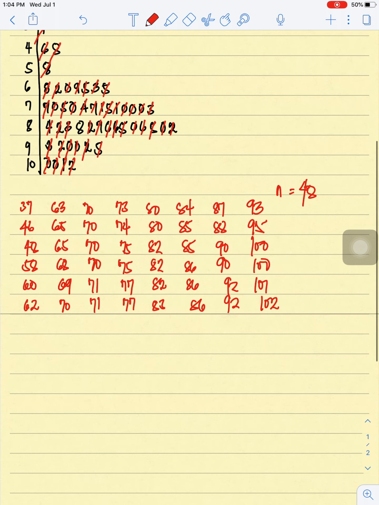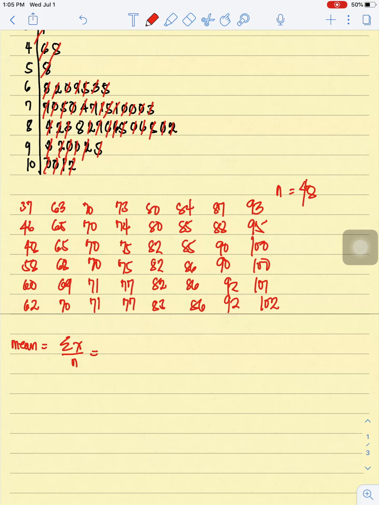For this ungrouped data, we compute for the mean, median, and mode. The mean is the summation of x over n. You need to add everything then divide by 48, or you may use your calculator.